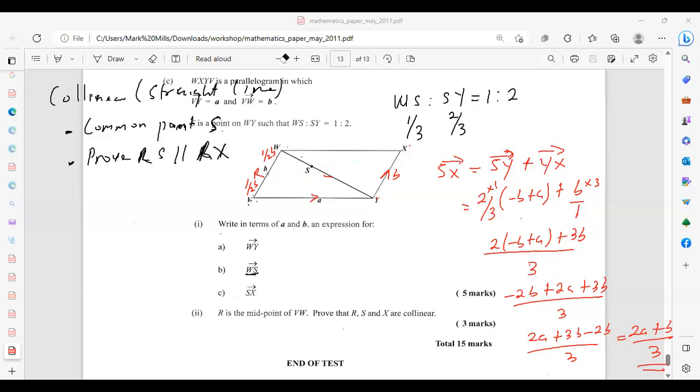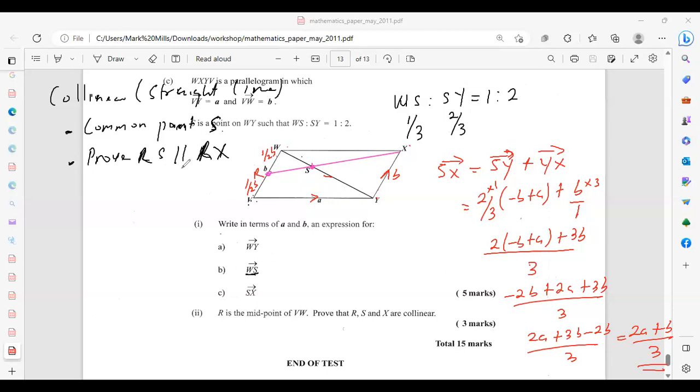Let me use a different color. If R is the midpoint, it goes from here, then goes through this and through that. Everybody see that? Now it's your duty to find out that from R to X is parallel to the small part from the beginning, R to S.